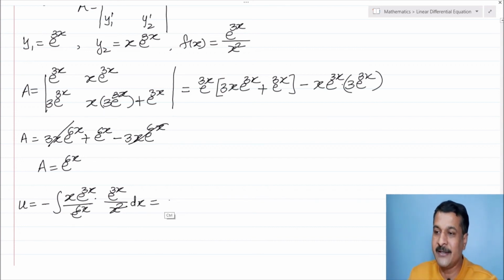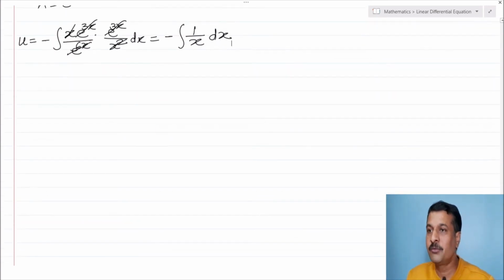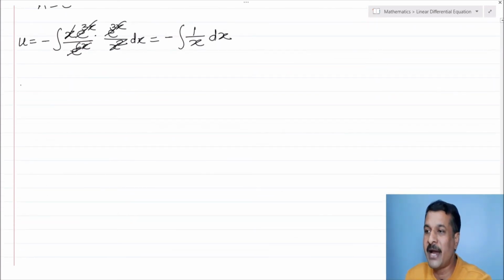I am getting minus integration of, e raised to 6x will cancel with e raised to 3x into e raised to 3x, and this x will cancel with one x, and I am getting simply 1 by x dx. By standard integration, the integration of 1 by x is log x. So I am getting minus log x. So this is your value, which is u.